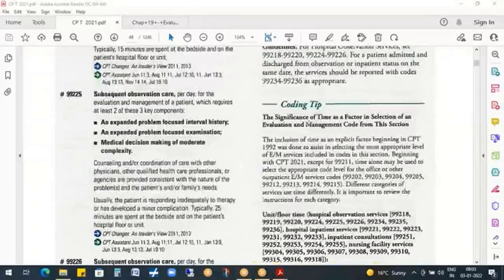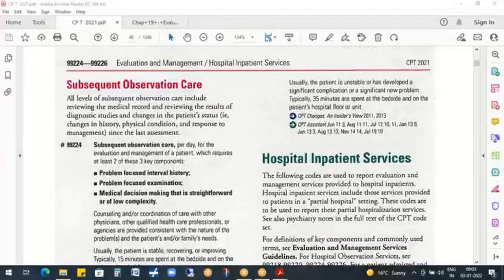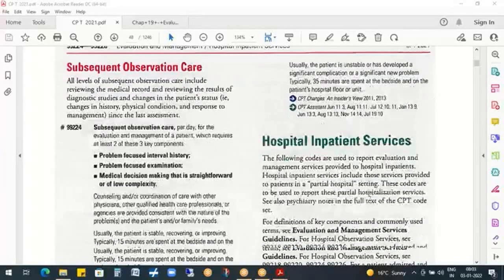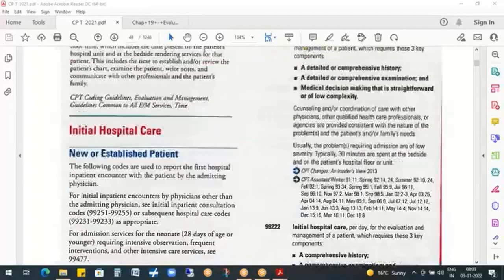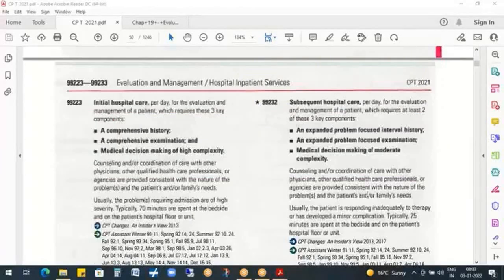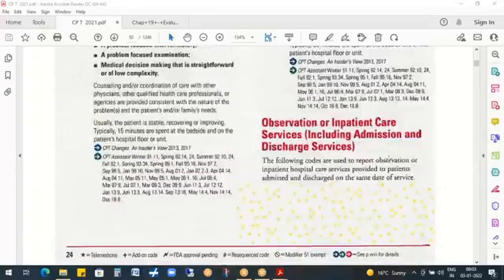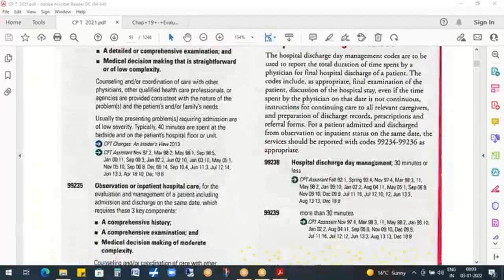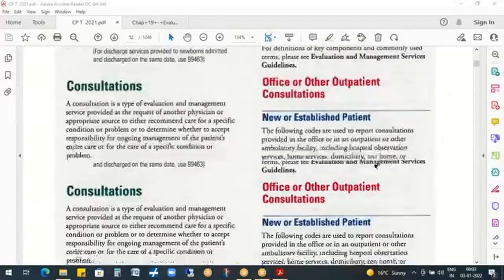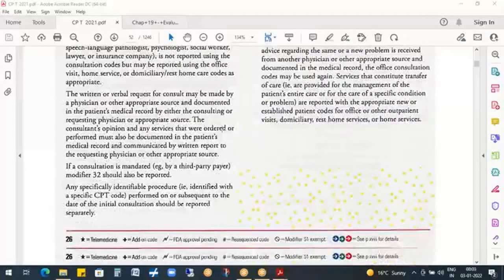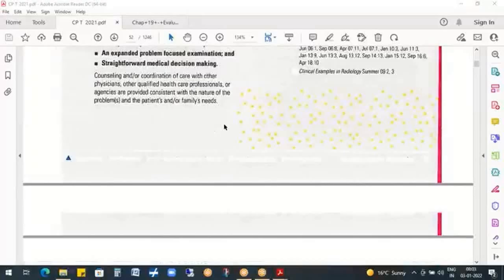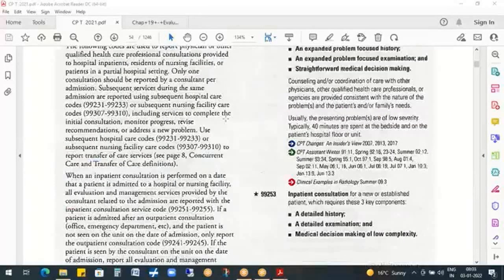Then after that, hospital inpatient services, that is another location. Next one, admission and discharge on same day. Next one, consultations. Like that, these are the services provided by a physician to patient.